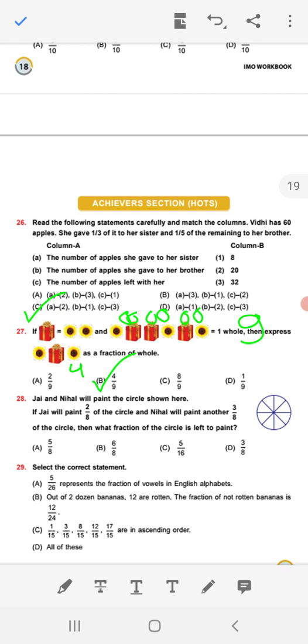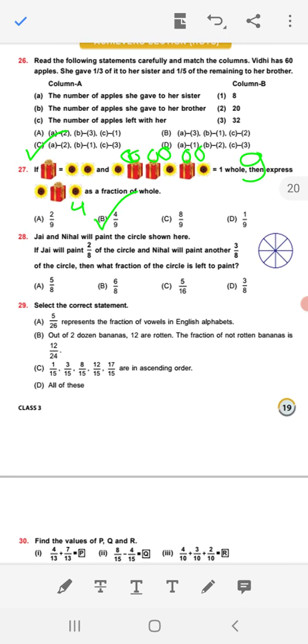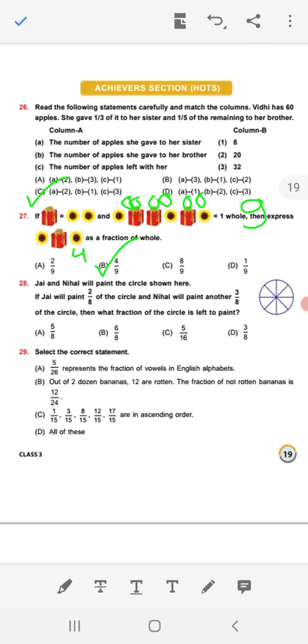Passing to 29 number. 28 is easy, you can do it yourself. 29 number. See, select the correct statement. A: 5 by 26 represents the fraction of vowels in English alphabets. Recall how many English alphabets you have?